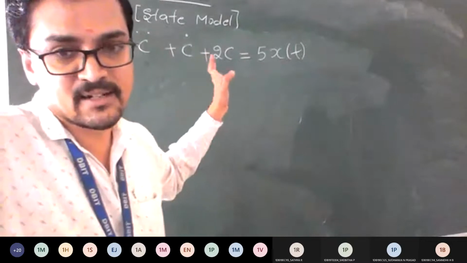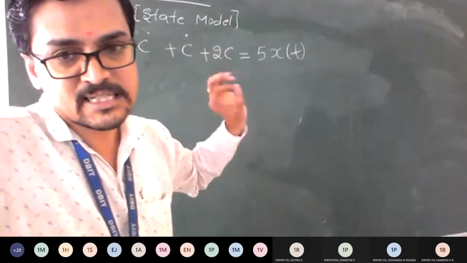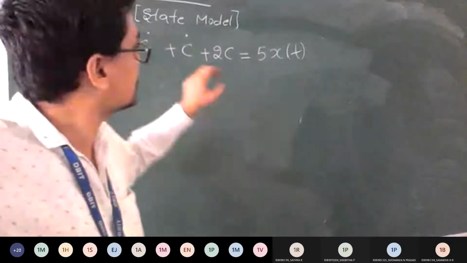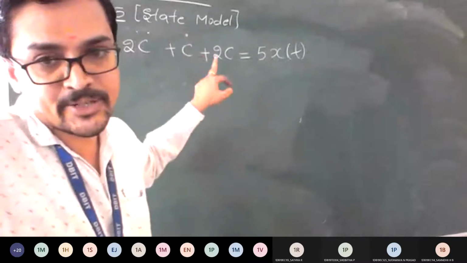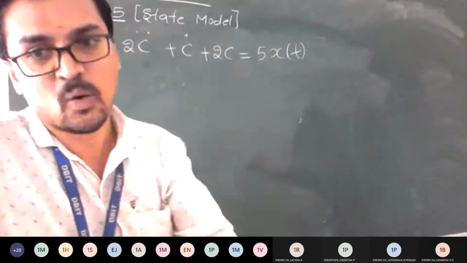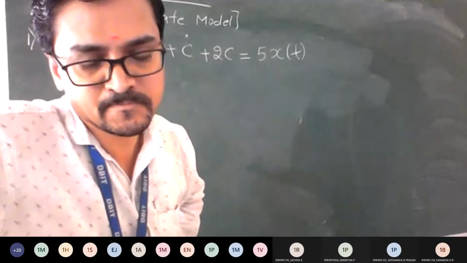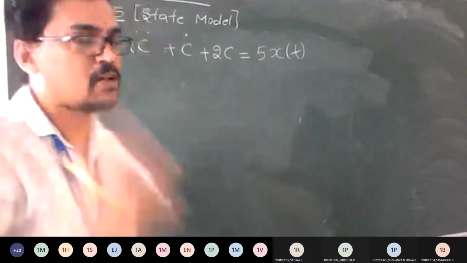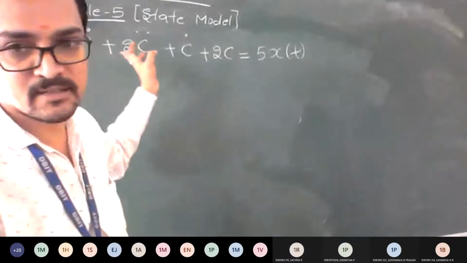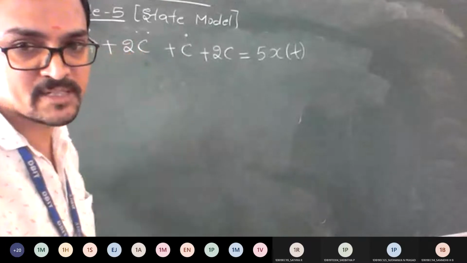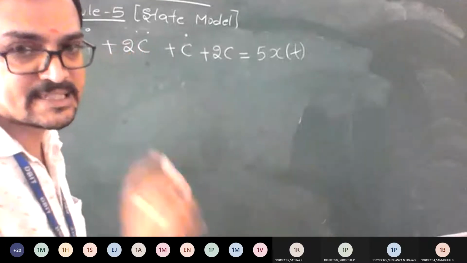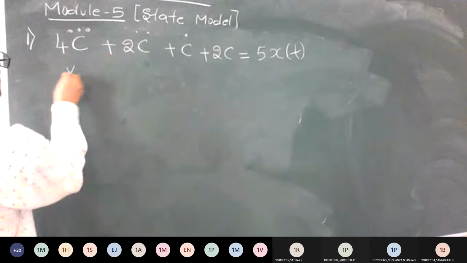That means you can consider the assumption that state variable y1 is equal to c, y2 is equal to c dot, y3 is equal to c double dot. Understood? Yes, sir. Solve this. Anyhow, you know there is a third derivative, so the conclusion for the first step is 3 state variables. That is the first step.